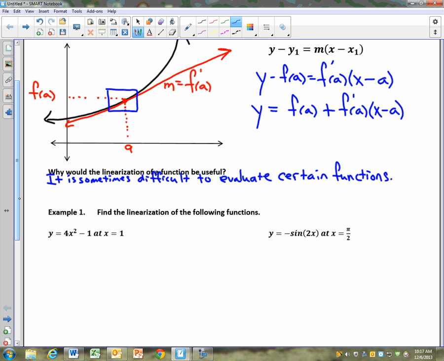For example, y equals tangent of 3 pi minus 4. That might be a difficult number to come up with, right? So sometimes you plug a number into a function, you're like, well, how do I come up with it? You know, that's kind of a tough number to get.